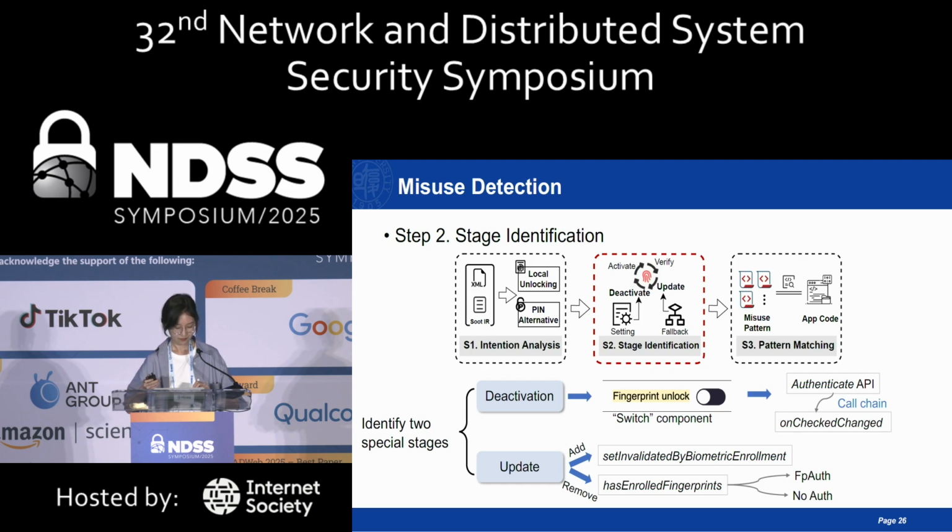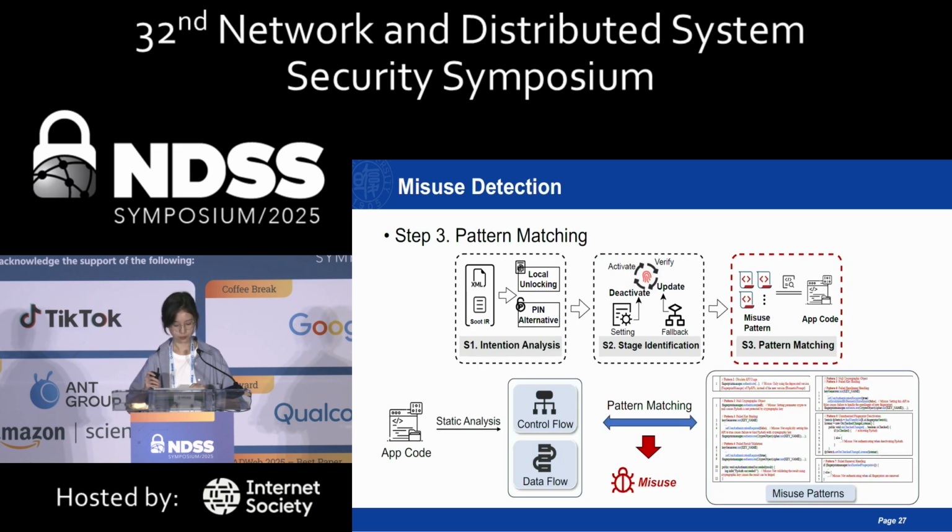And the second phase is we identify key stages in the FpAuth process, including deactivation and fingerprint updates, by analyzing relevant UI components and API calls. Finally, we use static analysis to map the app's code against 7 predefined misuse patterns and identify misuse instances.